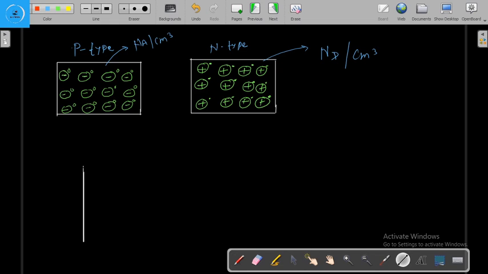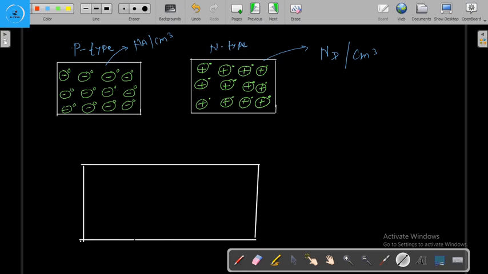When we put these in contact with each other, this is the point of contact. It may be that one is bigger and one is smaller, but it's not like this. Let me give more space here.